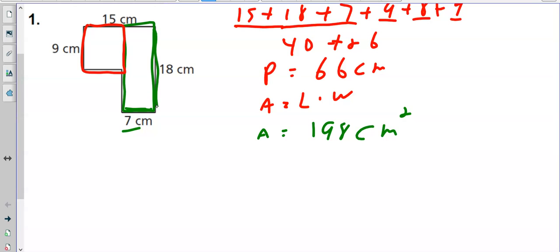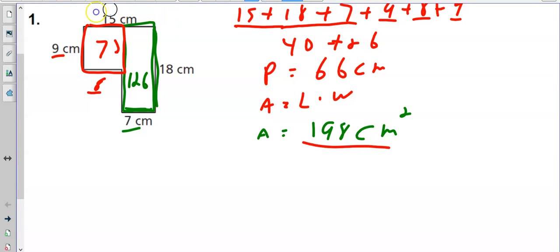So the area of this tall, thin box, 7 times 18 is 126. And if you remember, we found out that this was 8 before. So the area of this one is 9 times 8, which is 72. Guess what? If you add those two together, you get 198.